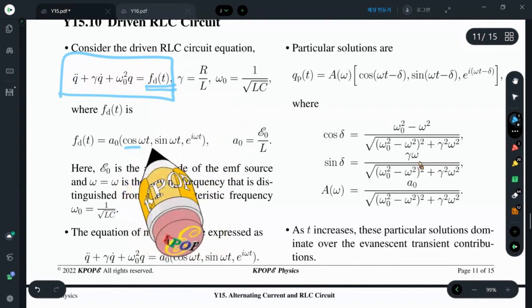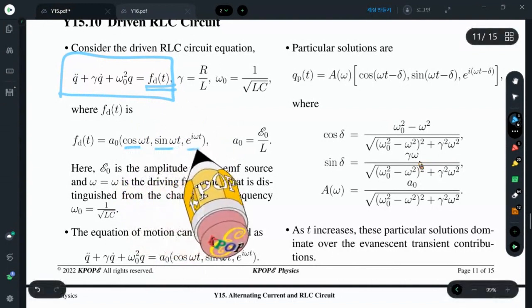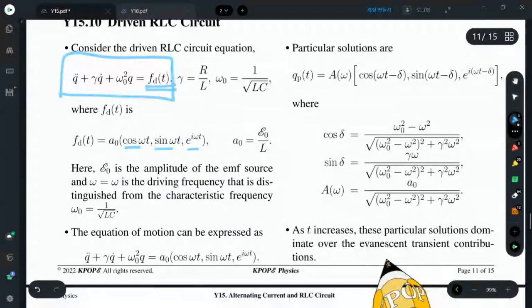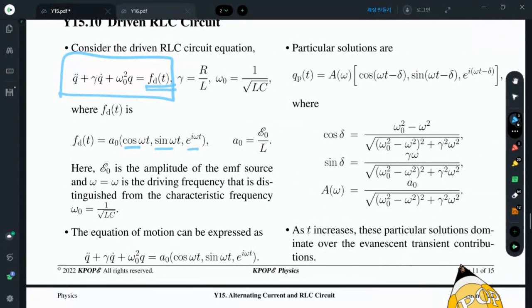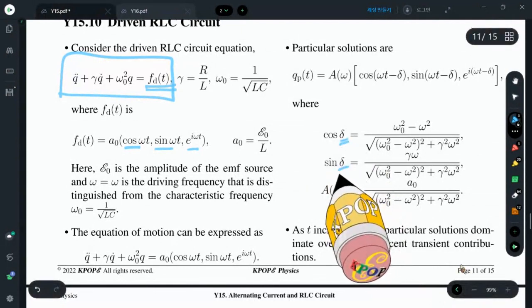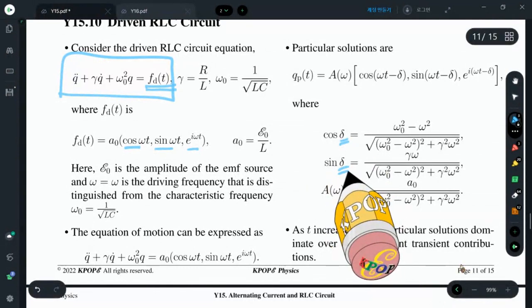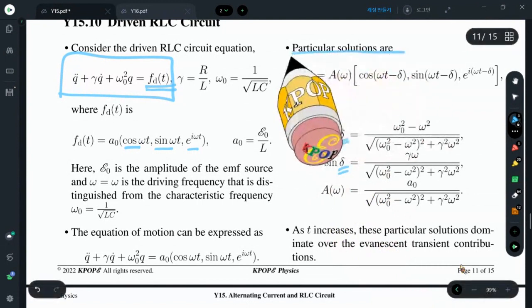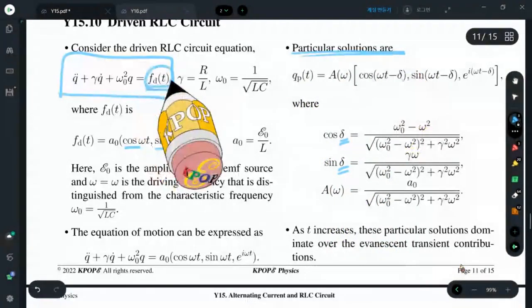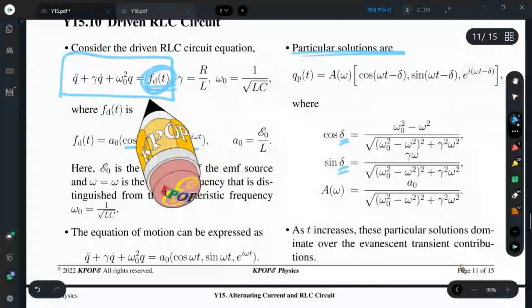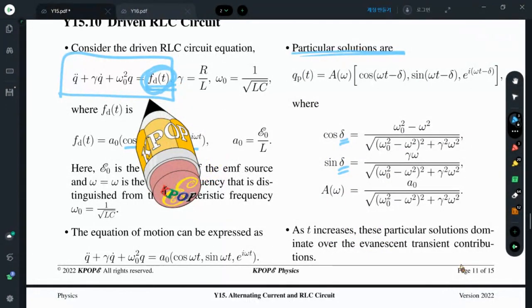One can make use of cosine, sine, or exponential in any case. You will find, and what we already have found, that there is a phase shift delta. This is a particular solution that reproduces the right-hand side. I'm not interested in the solution for the homogeneous equation.